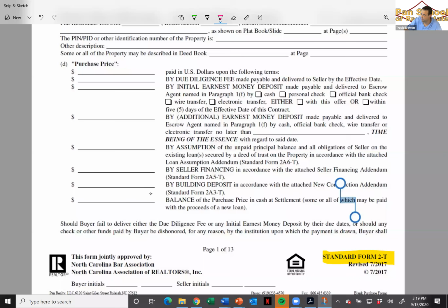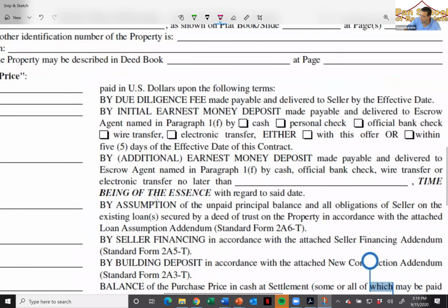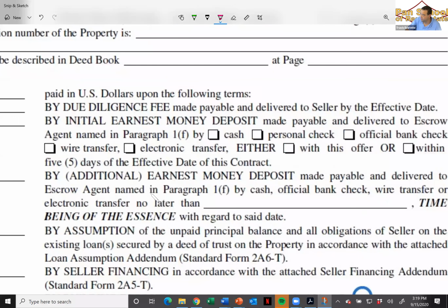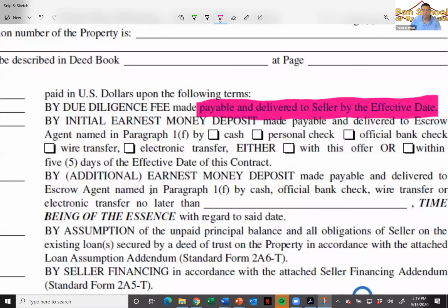It actually specifies, if you look here, that the due diligence fee is made payable and delivered to the seller by the effective date. So the seller should get that money as soon as we go under contract, because the effective date is the date we go under contract. And then it says for the earnest money deposit right here, delivered to the escrow agent.